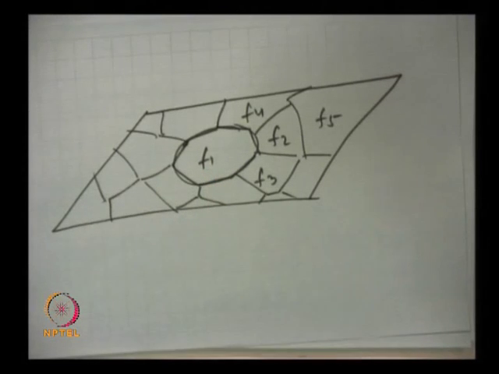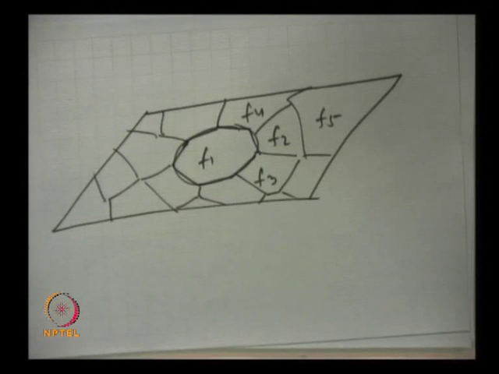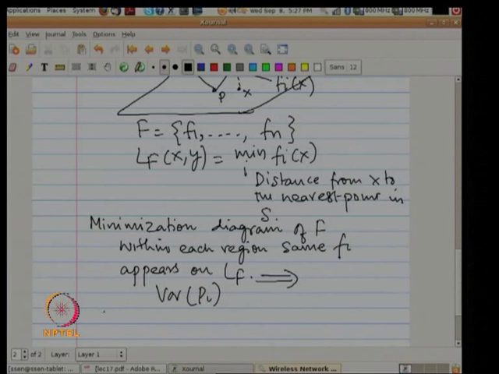So, this region corresponds to the Voronoi cell of p_i. Each region in this minimization diagram corresponds to the Voronoi cell of the point. So, the minimization diagram of f is nothing but the Voronoi diagram of S.